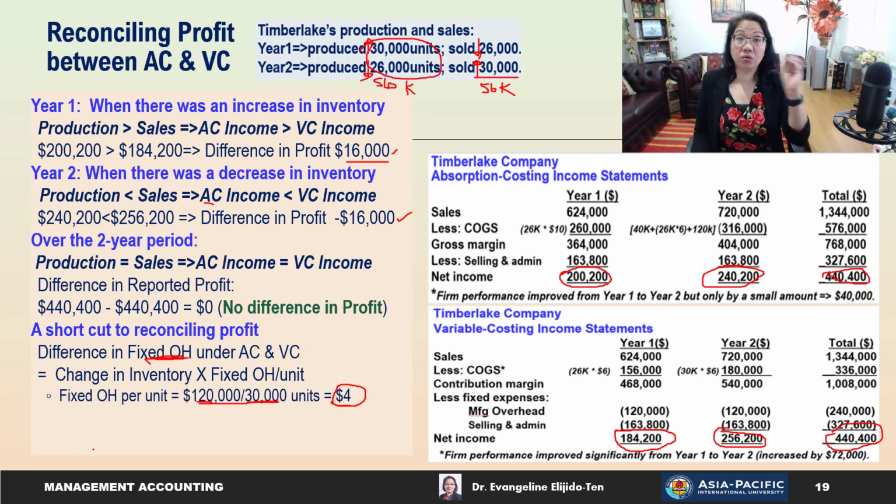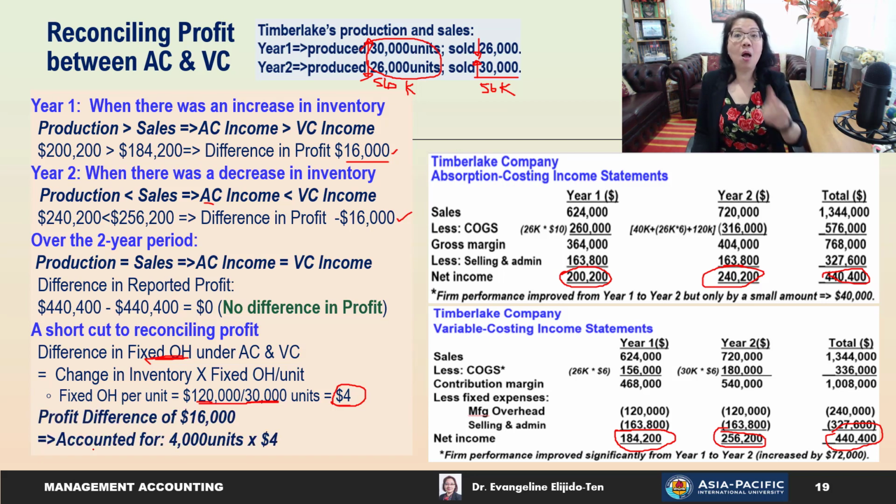From 0 to 4,000, right? So 4,000 change in inventory multiplied by the fixed overhead per unit of $4, that would give us the 16,000 difference in profit. That's the shortcut to reconciling the profit. It's the change in inventory, 4,000, times the fixed overhead per unit, $4.